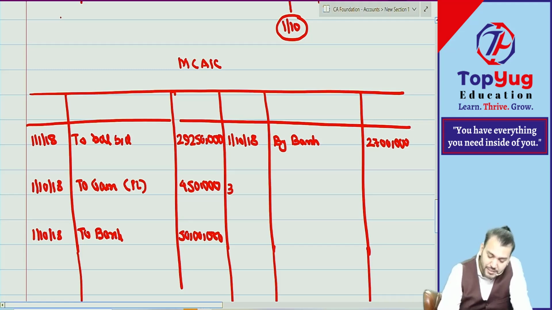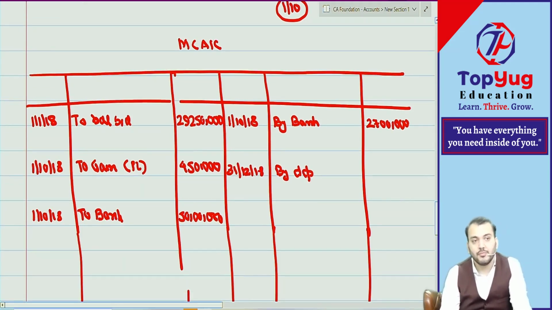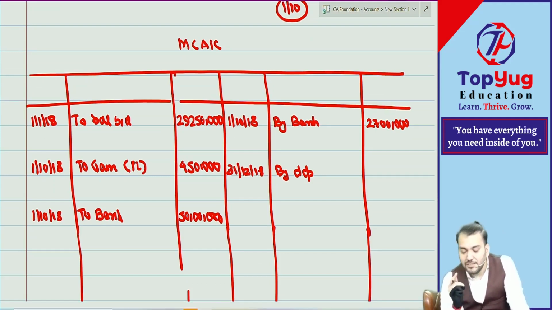Now we need to calculate on 31st 12 2018 depreciation on the remaining motor car. Correct. So for 9 motor cars the cost is 45 lakh each, and for the one newly purchased it is 50 lakh.